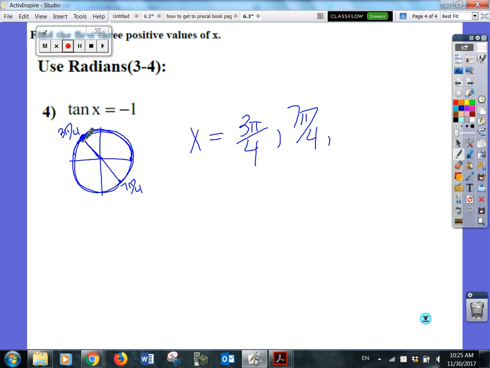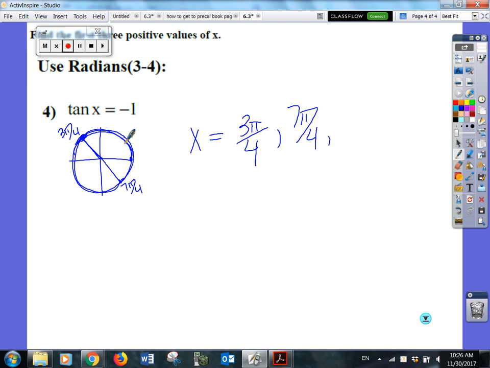So we could say 3 pi over 4 plus pi, 7 pi over 4 plus pi, or we could do 3 pi over 4 plus 2 pi. That produces the same result. Because remember, tangents are across from each other right there.